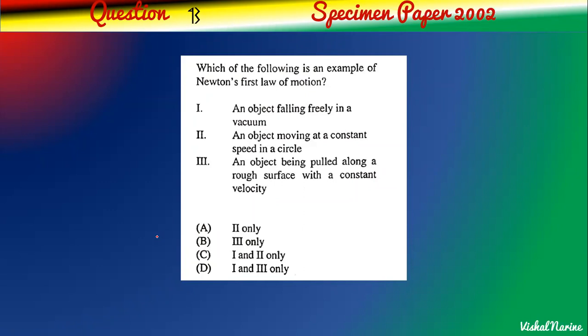So going through the options, you will see that 1 and 2 are incorrect, and it is going to leave us with 3 only. Right, so that is B.